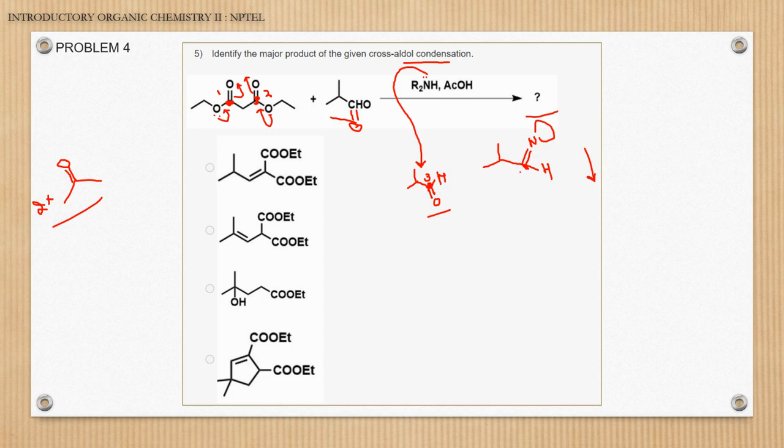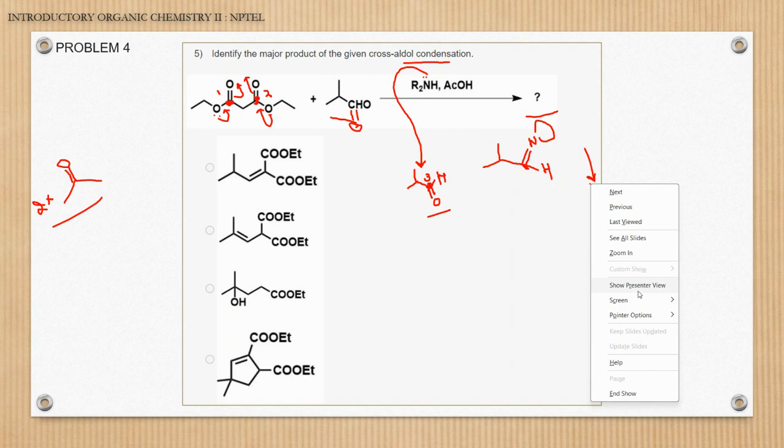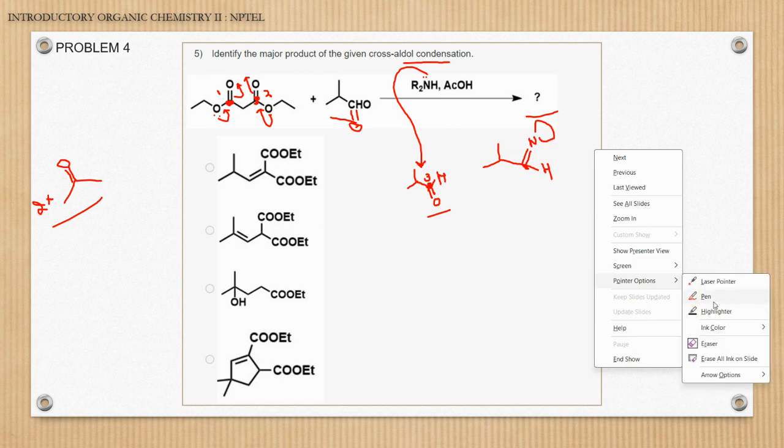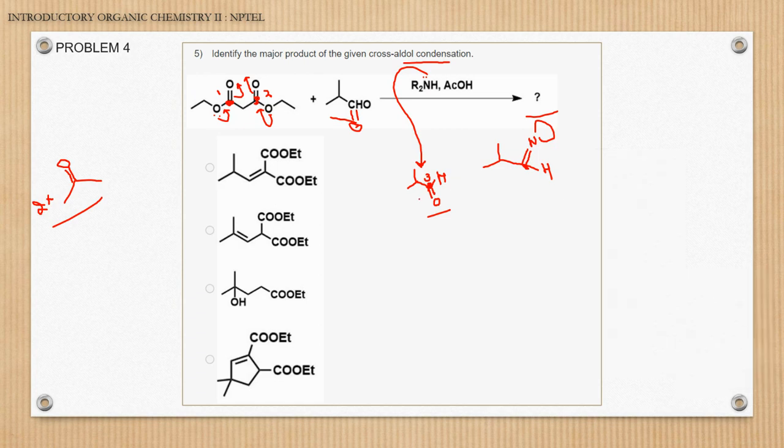So this imine formation drops your electrophilicity, sorry, increases the electrophilicity of your carbonyl carbon compared to before. The main purpose was to activate your aldehyde for the nucleophilic attack. So now the electrophilicity of your carbonyl carbon is increased when you have formed the imine.